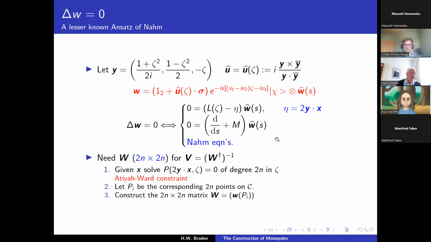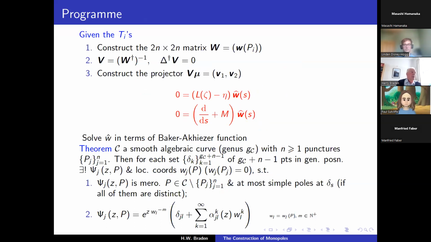I can take a space-time point x and put it into my curve here. That's an equation of degree 2n in zeta. That's going to give us 2n points on the curve, and then I can form a 2n by 2n matrix, W, built in this fashion. So we're done if we can solve this Lax equation here.